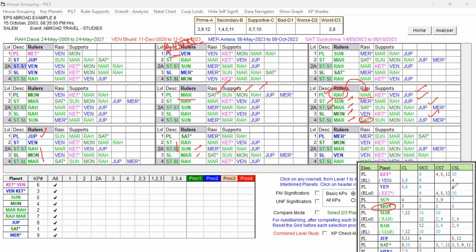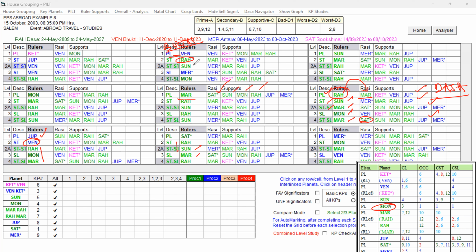It is good for education and favorable to the Lagna, and that Venus is one of the rulers of the destiny planet. That is, it has a good key planet in supports also, and it is in the star of Rahu, the strong key planet of the Dasa Lord. This is Dasa. Dasa Lord Rahu itself is a good key planet. That role is present as the star lord for Venus, which is good.